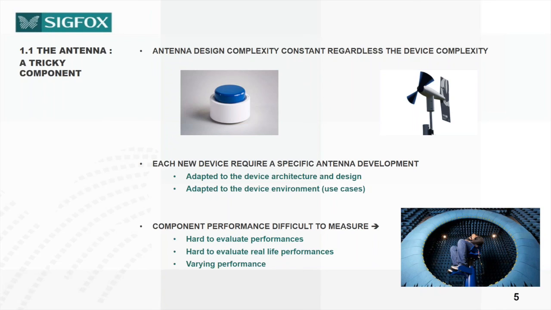So it's not given to everyone to go every day to an anechoic chamber just to do a test. Then even if you have antenna measurements of your device, it will be difficult to evaluate the real-life performance. As I said, since the environment might be different from one use case to another, you may have some varying performance of the antenna.